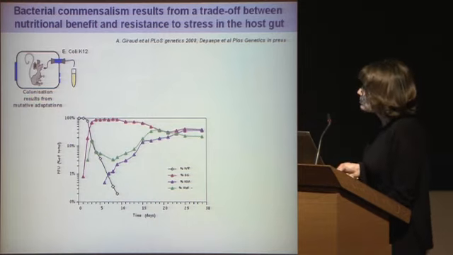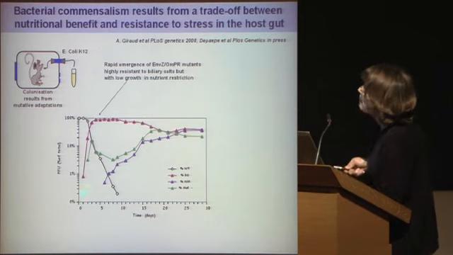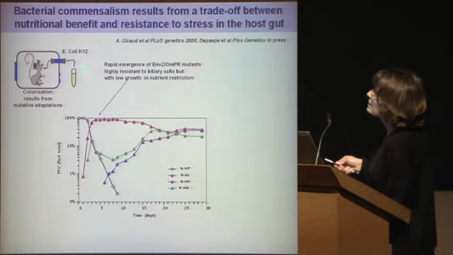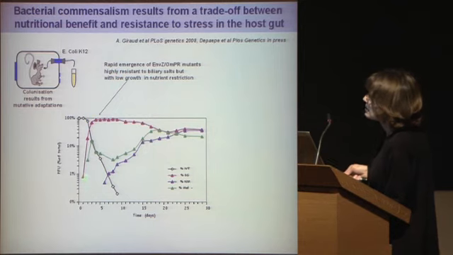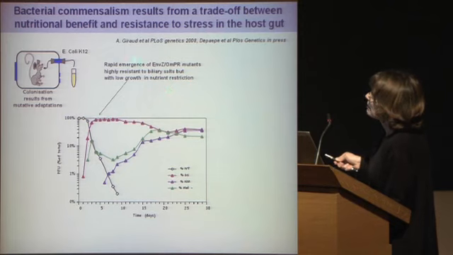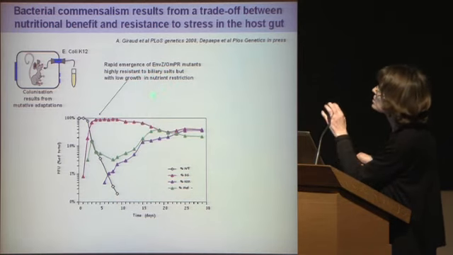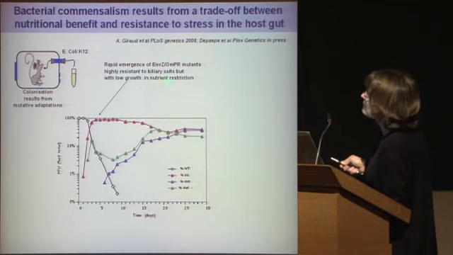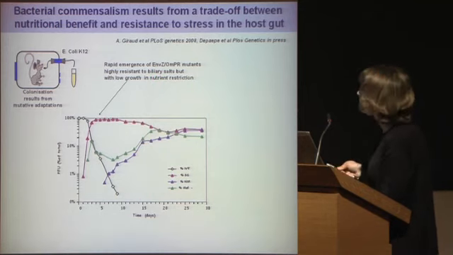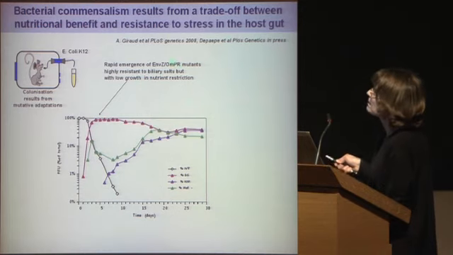What we observed is that, very early on, when you put the E. coli in the gut, we see the very rapid emergence, within 2 days, of OmpF mutants, which have become highly resistant to biliary salts. This is because they have switched their large pore to a small pore, but at the same time, they cannot take up as much glucose as the others.